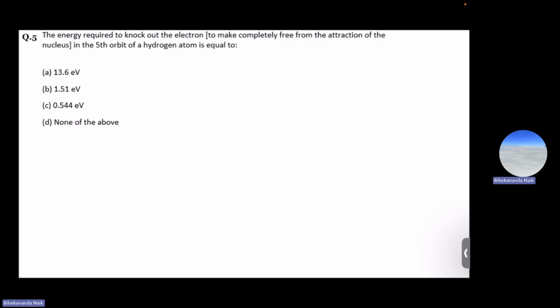In the fifth orbit means n equals 5. So we need to first calculate the energy value of the fifth orbit of hydrogen atom, and then we can say what will be the required energy to knock out the electron from that orbit. So I'll give you a few minutes and then we will discuss.